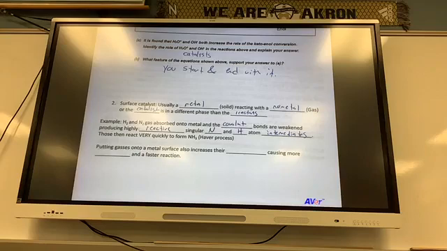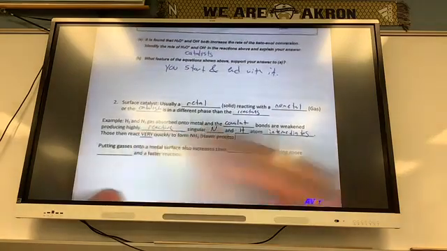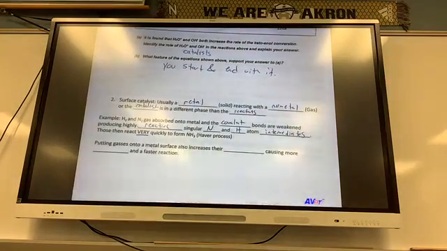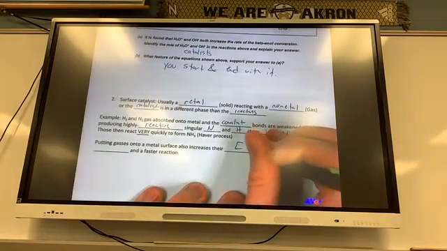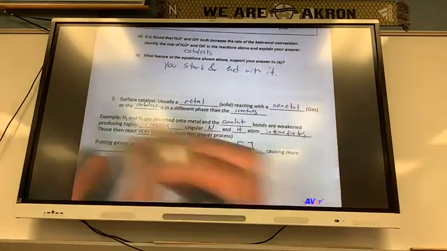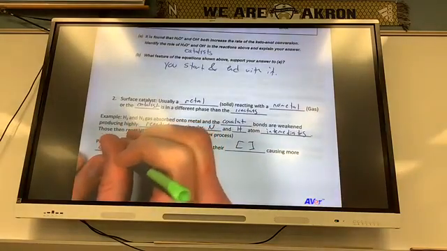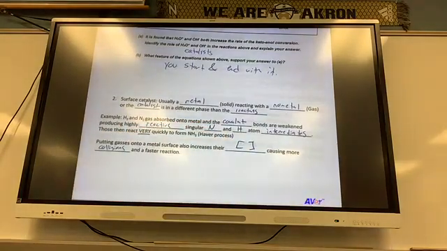Because hydrogen and nitrogen, first of all, never want to be by themselves. Those then react very quickly to form NH3. Does it matter what the metal is, or just that there is a metal? There's a metal. Putting the gases onto a metal surface also increases their concentration, causing more collisions and a faster reaction.